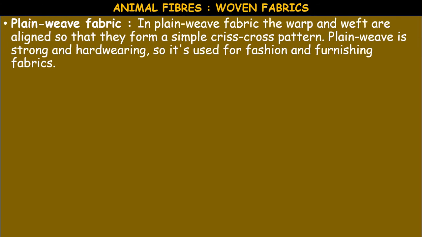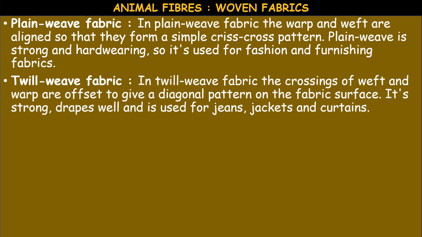The woven fabrics: plain weave fabric. In plain weave fabric, the warp and weft are aligned so that they form a simple crisscross pattern. Plain weave is strong and hard wearing, so it is used for fashion and furnishing fabrics.